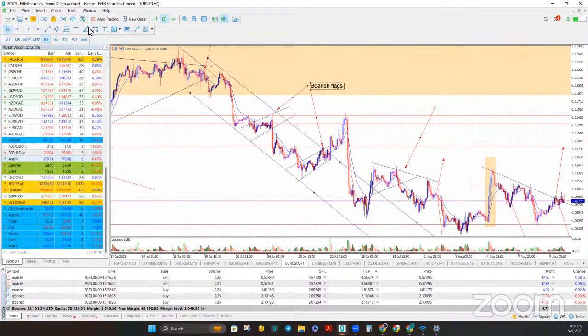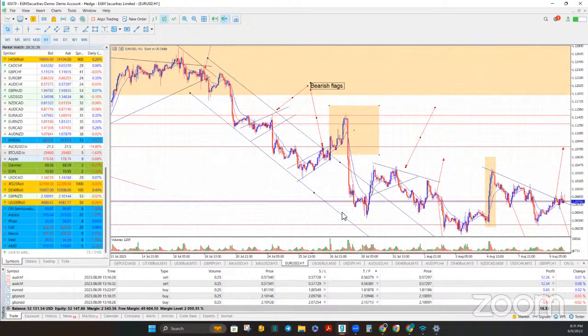Now, I'm going to talk about this breakout of the channel, which we have right here. This breakout of this channel was actually a fundamental event. If you recall very well, we had the ECB press conference happening, and when it happened, that's when we had this bearish flag, but then we had the breakout of the bearish flag to the upside.